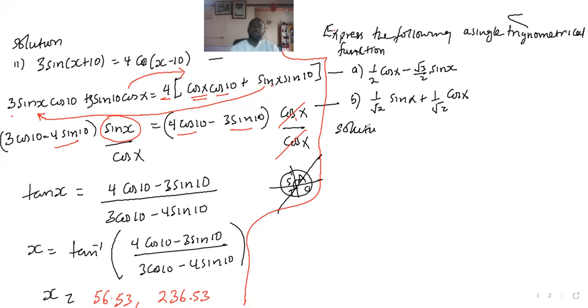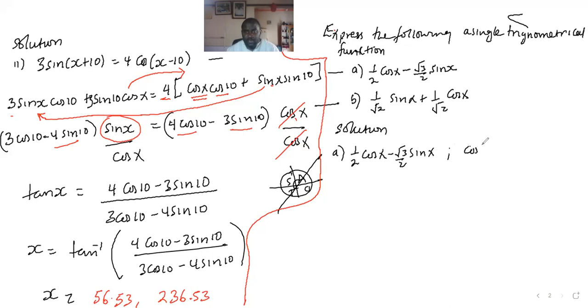Solution. The first one, 1/2 cos of x minus √3/2 sine of x. You should be good at the other curves we drew. Those who never drew the curves, they're in trouble. I think you'll visit my YouTube to check on those curves.